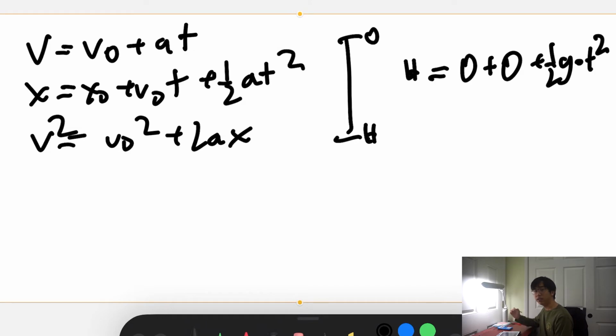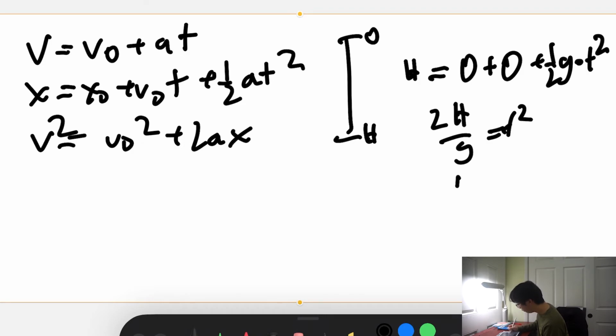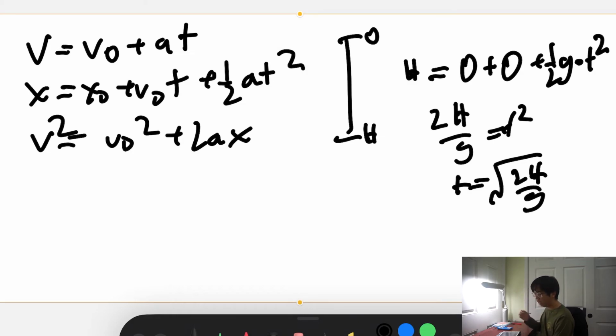Now, let's manipulate this algebraically, and we get 2h divided by g is equal to t squared, which means t is equal to the square root of 2h divided by g. Now, since we need to calculate how far the ball travels, but we know how long it takes before hitting the ground, we can use d is equal to vt.